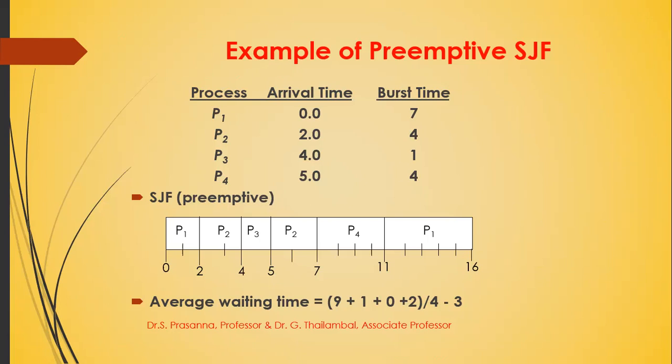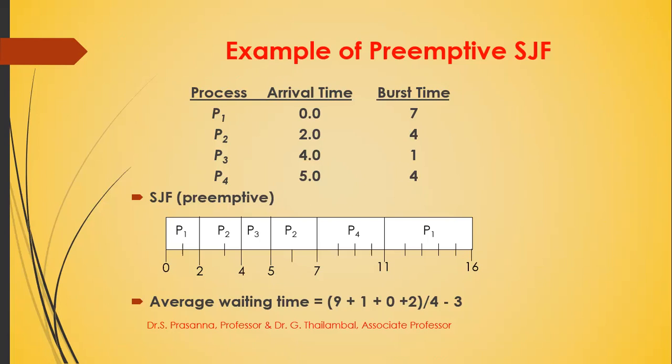When you compare P1, P2 and P4, sorry, P2 has the lowest burst time. So therefore P2 starts its execution at the 5th millisecond. P2 has already done 2 of its burst time, so the remaining burst time out of 4 for P2 is 2. So it starts at 5 and ends at 7.